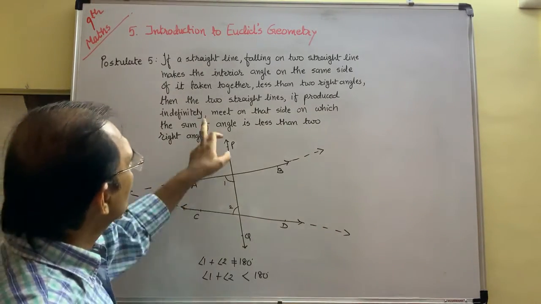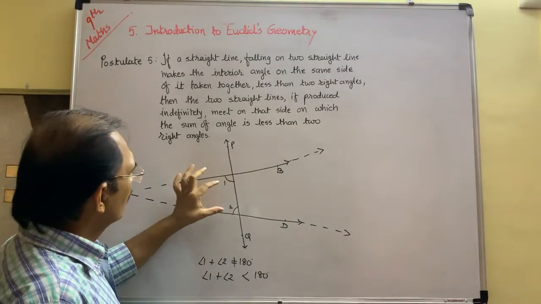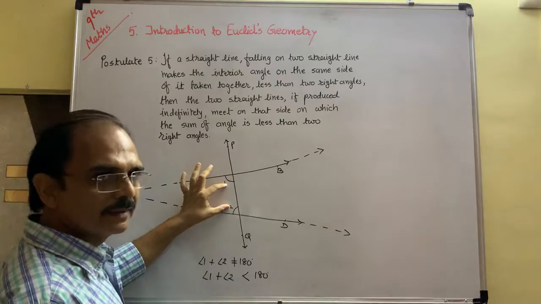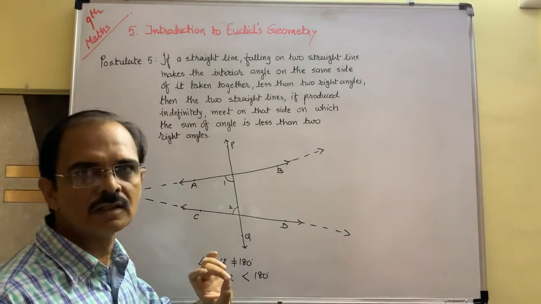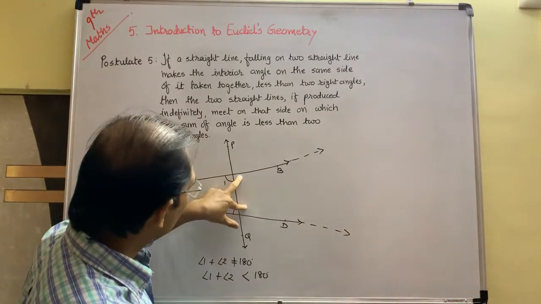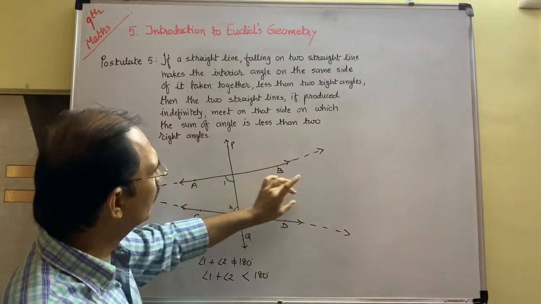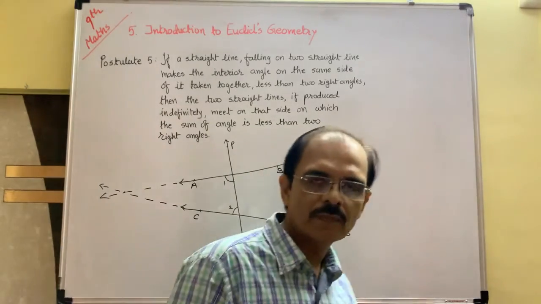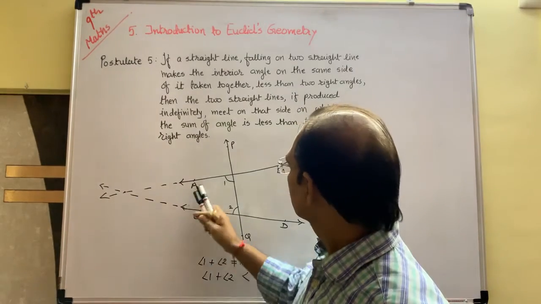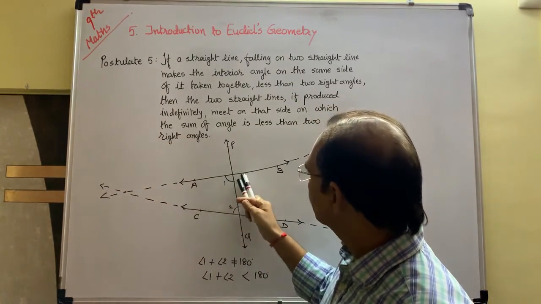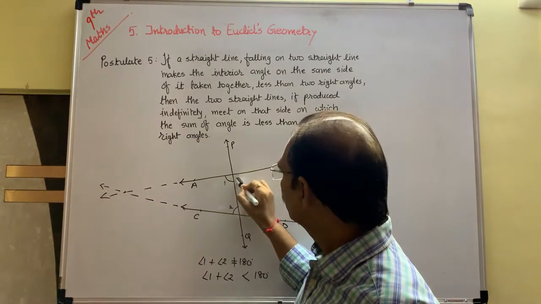If produced indefinitely, the lines meet on that side on which the sum of the angles is less than 2 right angles. So on this side they cross or meet each other. If here the sum of the angles is less than 180, then they meet here, right? But here the sum of the angles is more than 180. You know this is a straight line, so this angle and this angle form a linear pair. Suppose this is 60 degrees, then it will be 120.